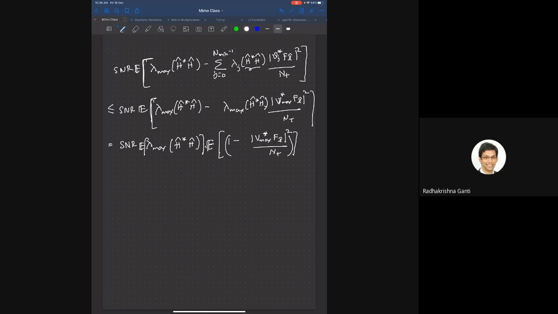So essentially this step follows from the eigenvalues and eigenvectors of a complex Wishart matrix.